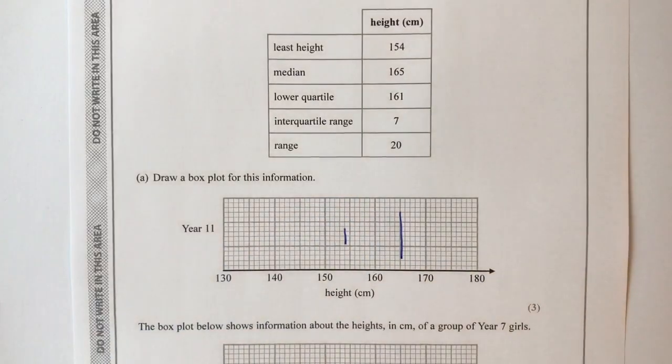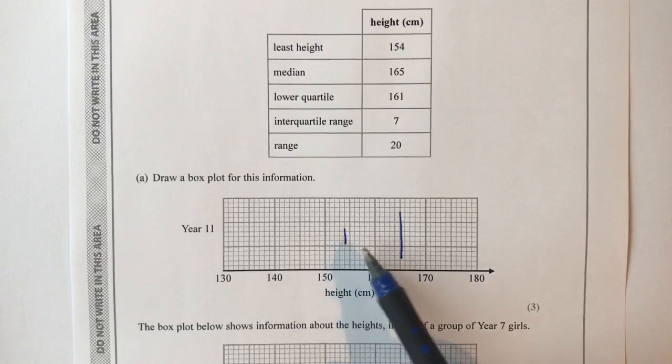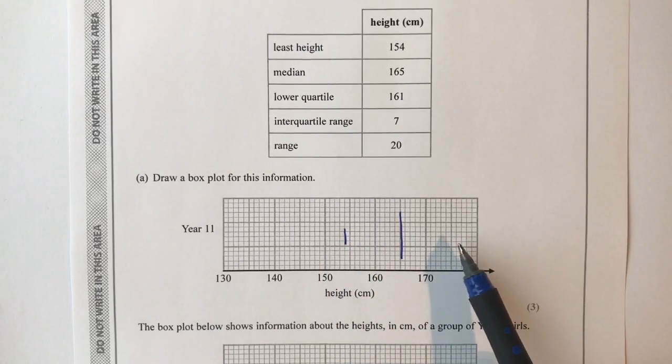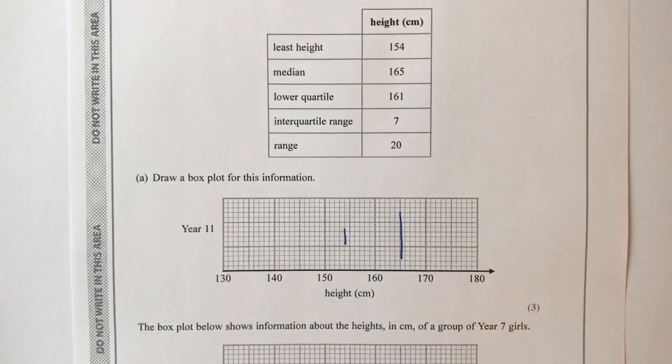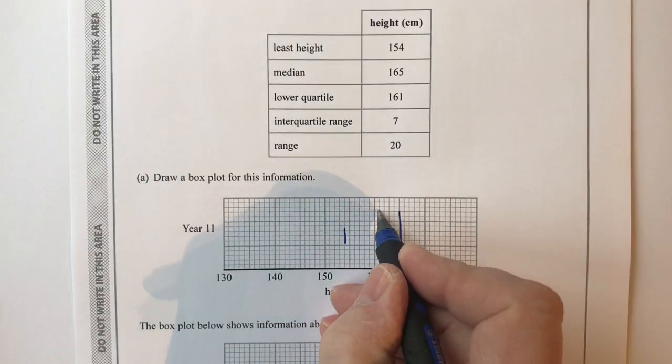Generally the lowest value and the highest value, which is going to be up here somewhere, are going to be shorter lines, and then these ones in the middle are longer. Okay, so we've got that 154. Lower quartile is 161, which is going to be there.